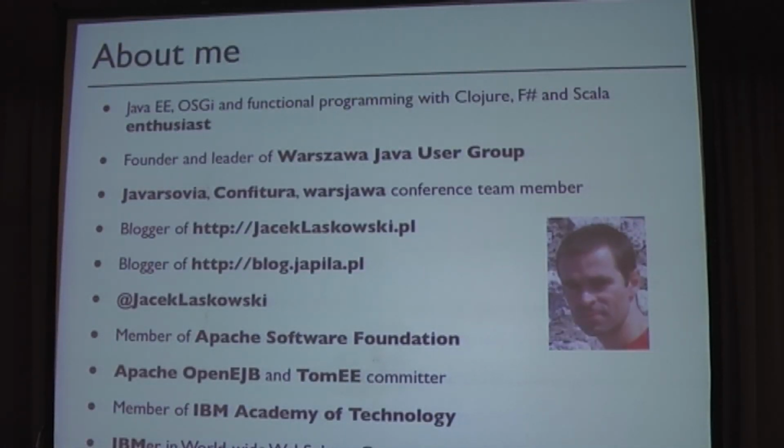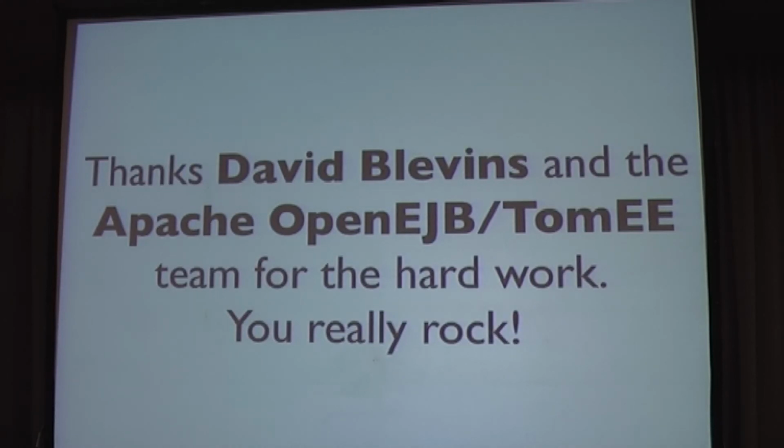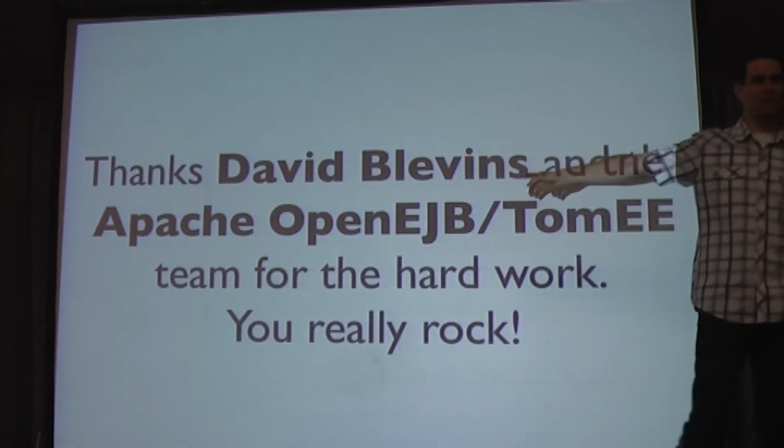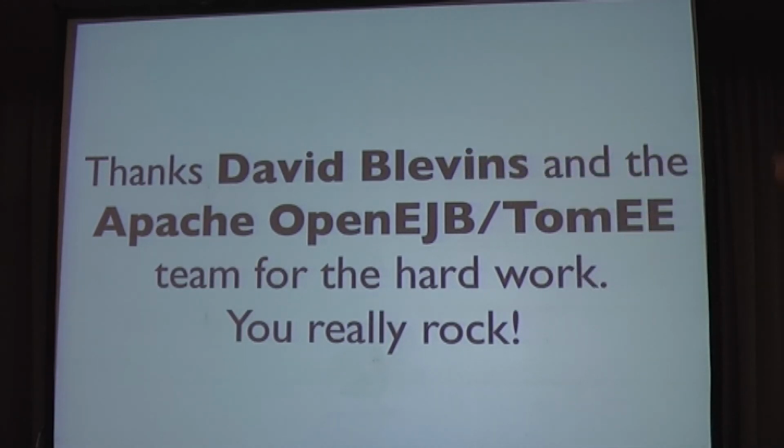Today is a weekend, so I can do it. So let me start with a big thanks to David Blevins and the team behind Apache OpenEJB and Apache TomEE, because they did a lot of work behind these two offerings, and so I can talk about it right now and claim I'm a committer of this project.